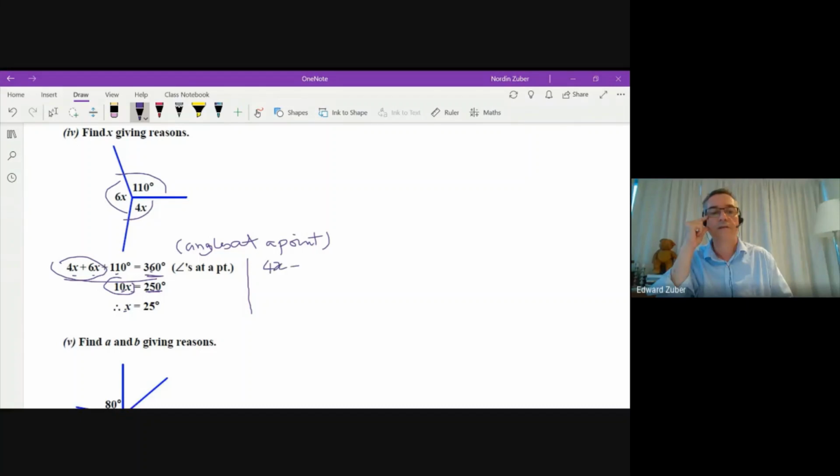4x plus 6x plus 110 equals 360. 10x equals 360. Take away 110, which is equal to 250. That's 10x.